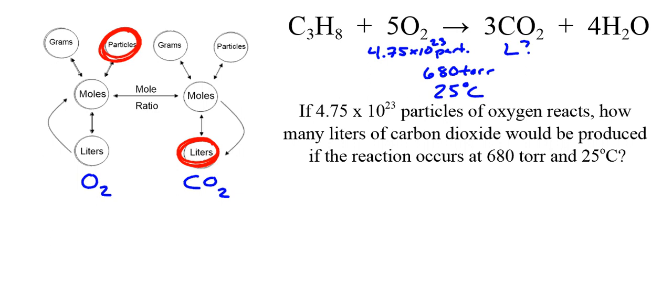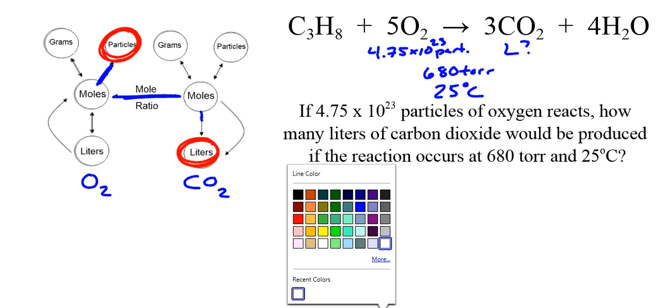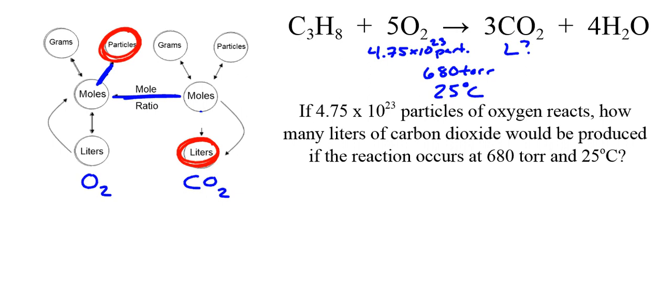So let's take a look at the route. I'm going to go towards moles, mole ratio, and oh, nope, that doesn't exist. I'm not at STP, so that can't be. I must have to take a detour. So what does that look like?